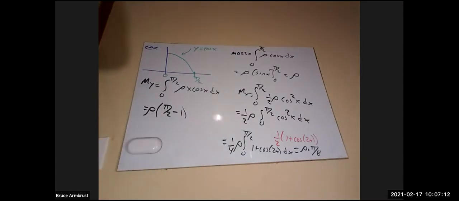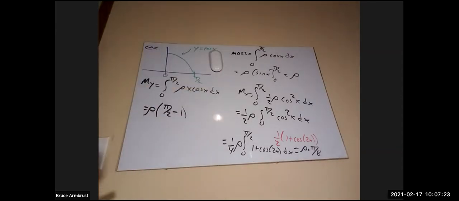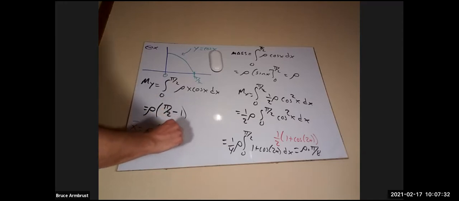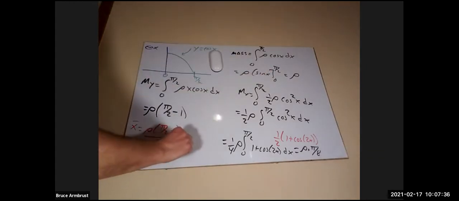All right, so here we go. Now that we have all these moments, let's find that center of mass. X bar is going to equal this guy, the My, rho times pi over 2 minus 1, divided by the mass, which was rho.